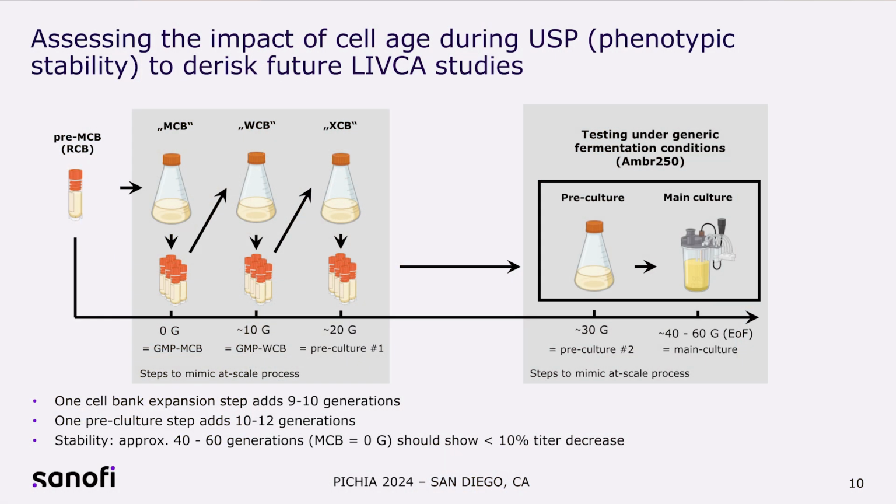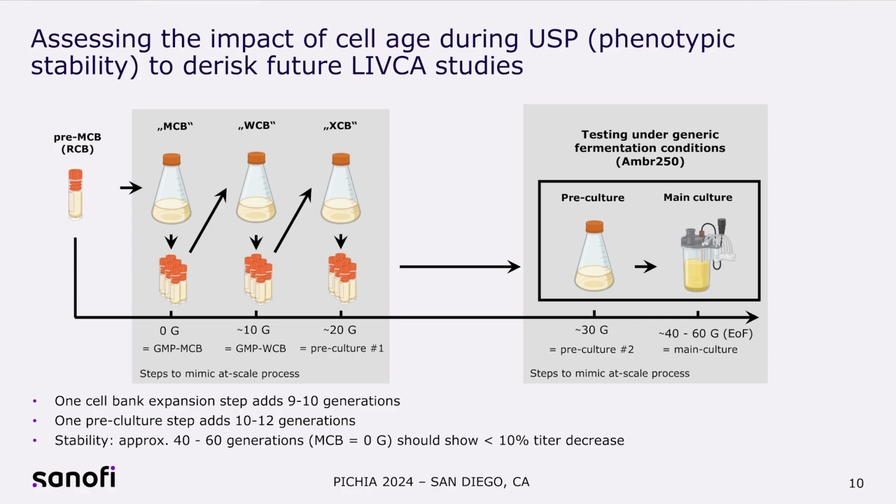Okay, what we are going to do to de-risk genetic stability pretty early on is, for example, looking at phenotypic stability. This is phenotypic stability with focus on production performance, and what we are doing is just mimicking GMP cell banks that you would need to do for commercial production or clinical trials in our R&D labs.